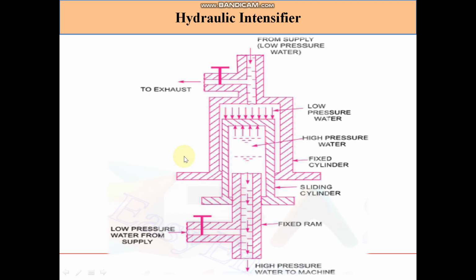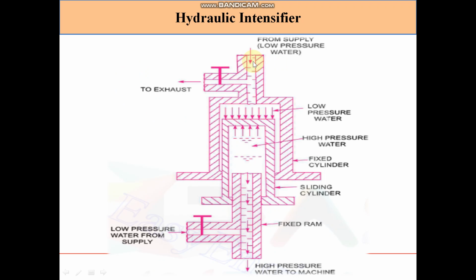This system consists of 4 ports. This is the first port from where low pressure water is supplied inside the system. Second port, where low pressure water is supplied to the reservoir.